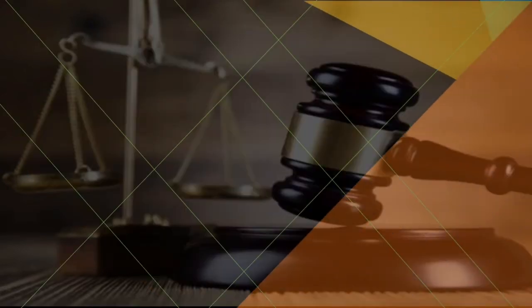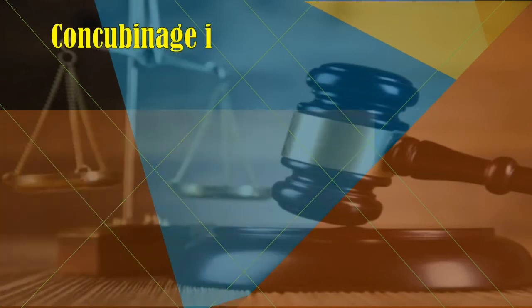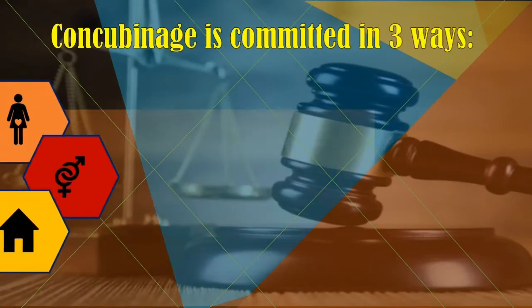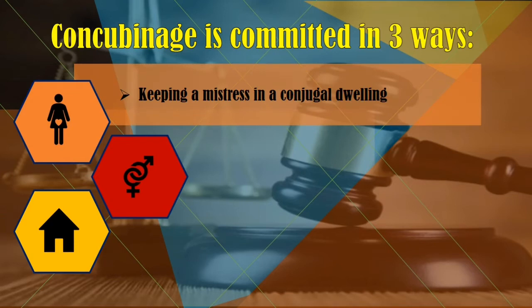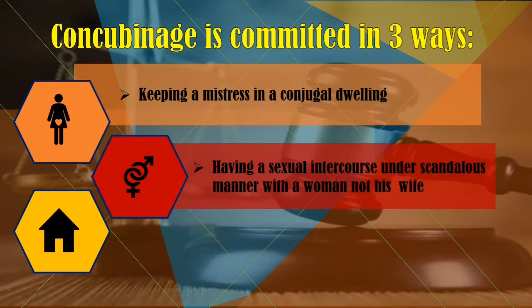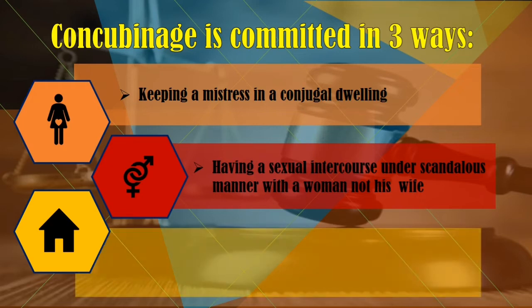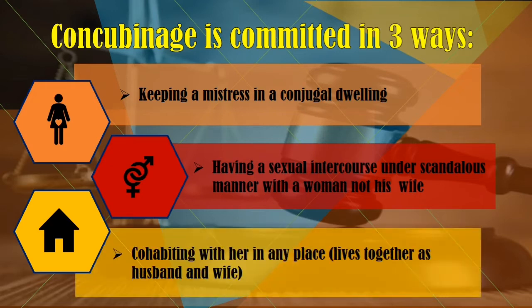So class, this crime of concubinage is committed in three ways. One is by keeping a mistress in a conjugal dwelling. Two is having sexual intercourse under a scandalous manner with a woman not his wife. And three, by cohabiting with her in any place, whether they live together as husband and wife.